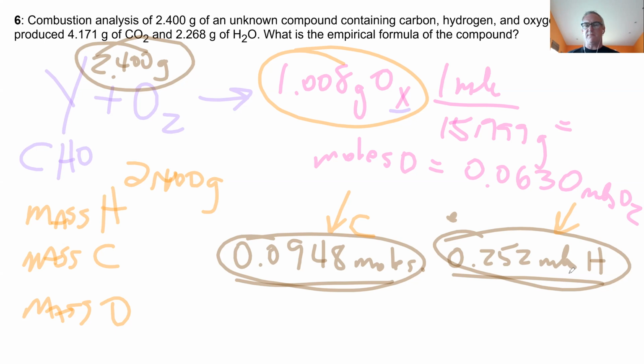No, because we don't know what the mass of O2 was. 4.171 plus 2.268 minus 2.400 doesn't give us any additional information. That only tells us how much O2 was used. That doesn't tell us how much oxygen is in compound Y.